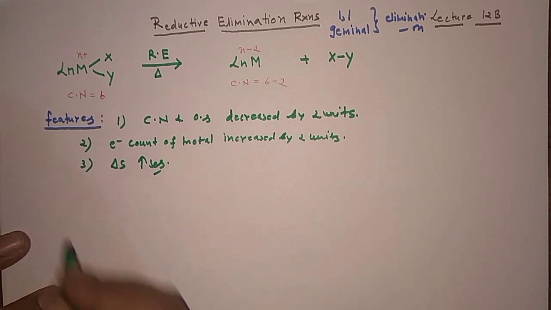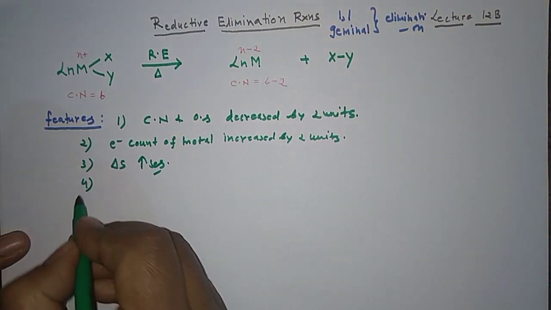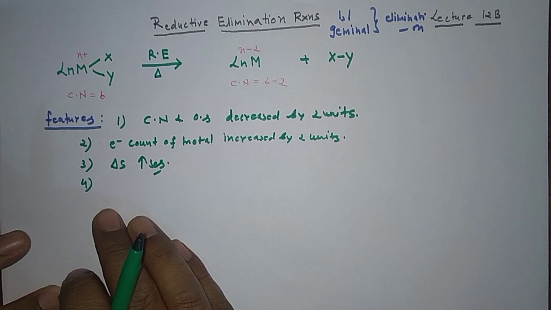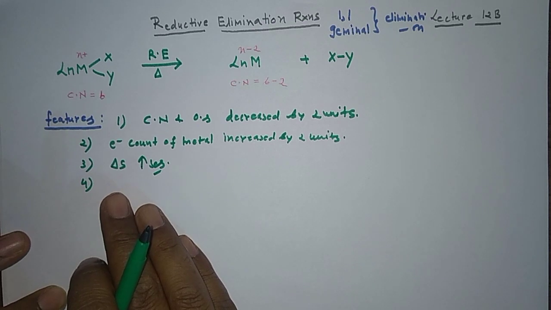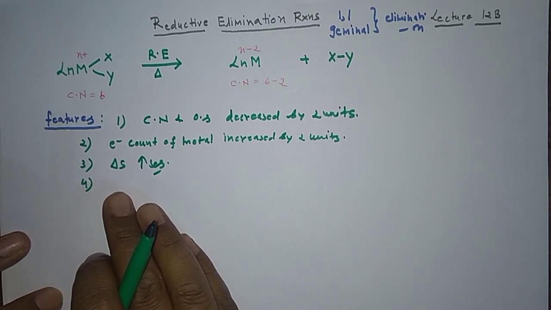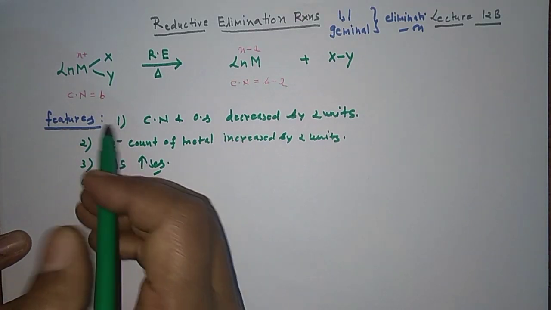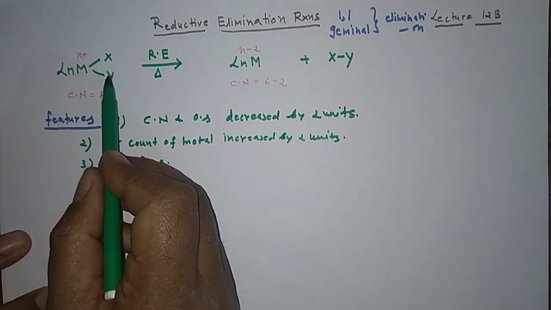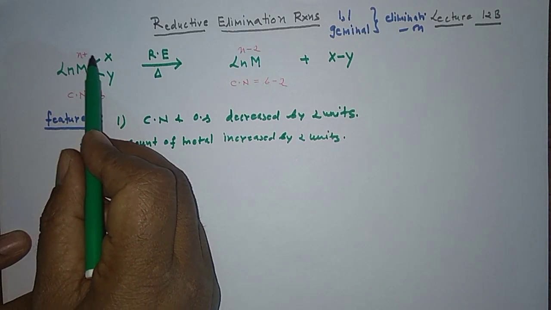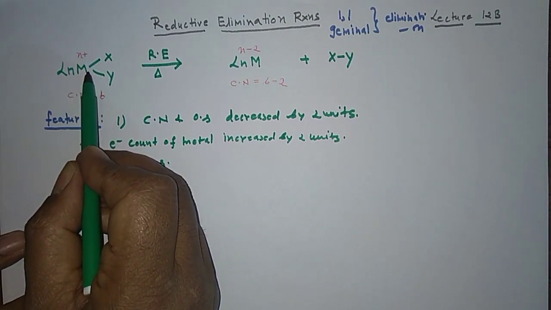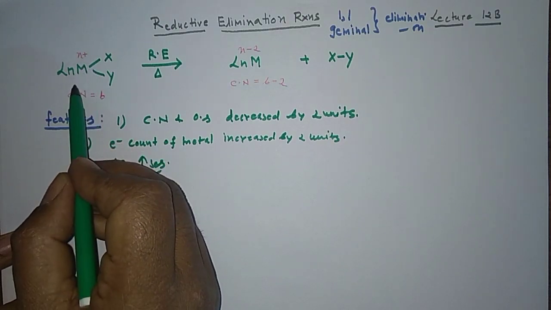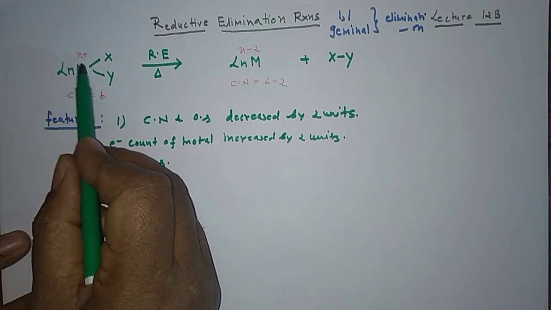Okay, and then point number 4. See, whenever reductive elimination occurs, it is common for metals which are in a higher oxidation state, or say an intermediate oxidation state, right? For example, I already told you, when these two groups are eliminated from here, then one pair of electrons will go to the metal, and this metal can only accept electrons from the ligand when it is electron deficient, right?